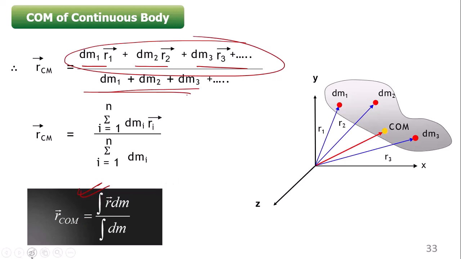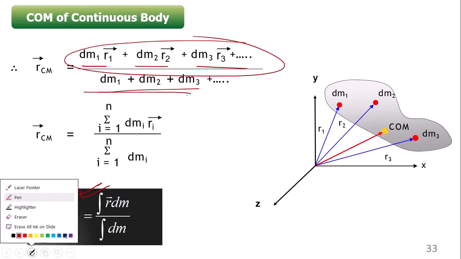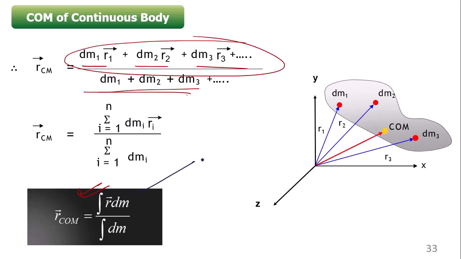So I can formulate this problem into three different parts. For calculating the x center of mass, I should use the formula that is the integration of x dm divided by the integration of dm. Similarly, y cm should be equal to the integration of y dm divided by the integration of dm. Like this, I want to get the three different components of this result, that is xc, yc or zc.